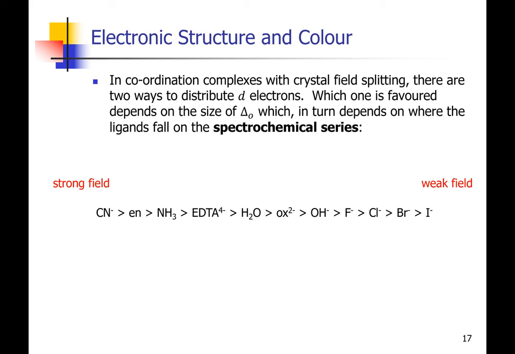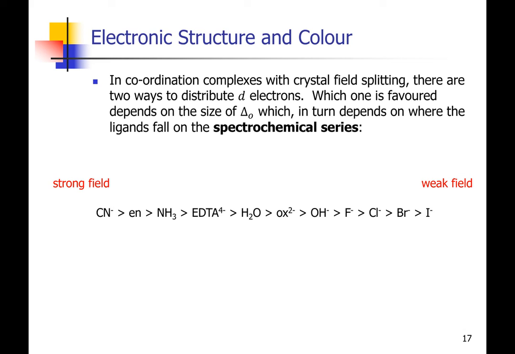And so there's something called the spectrochemical series, which will appear on your data sheet on your final exam, which lists which ligands have the strongest effect on that energy gap versus which ligands create much smaller energy gaps.